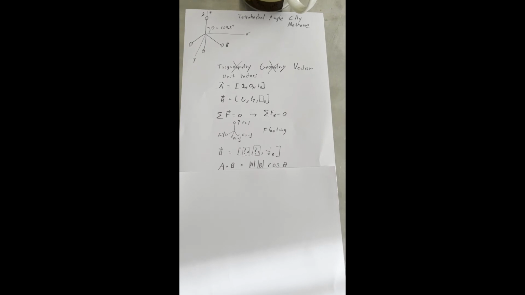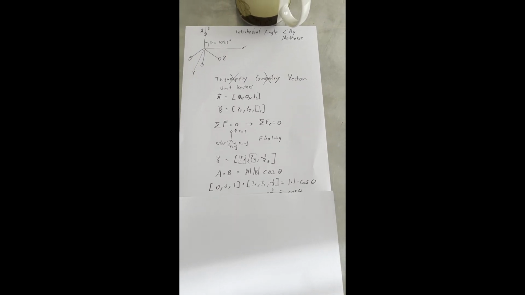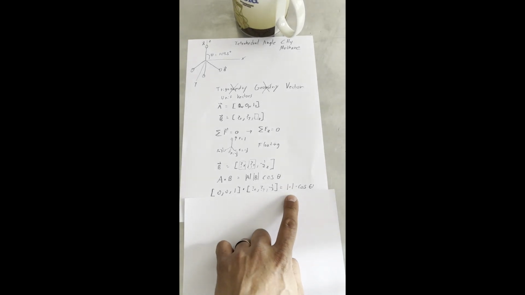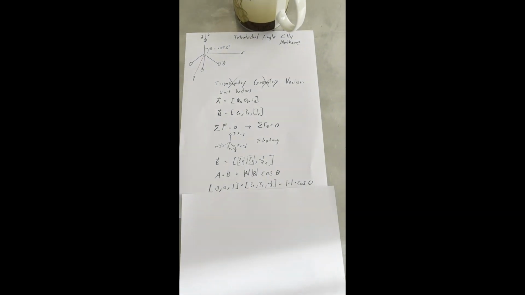We have 2 vectors and a theta, all in one equation. So let's write our equation out. There it is: 0, 0, 1 dot something in x, something in y, minus 1/3 equals 1 times cosine theta. These are 1s because, remember, they're unit vectors, so the magnitudes are 1.